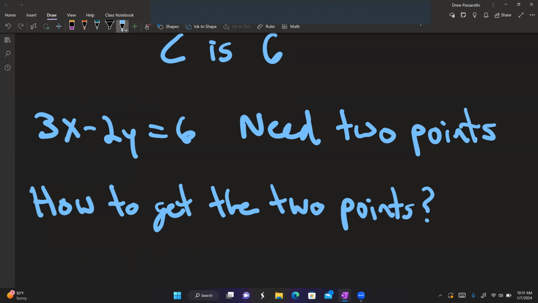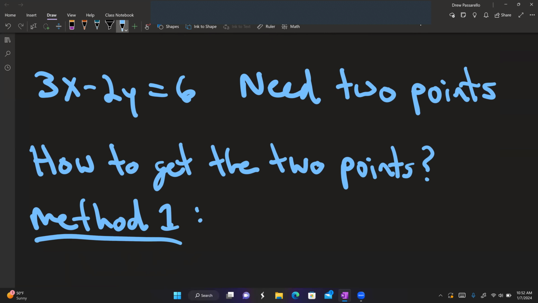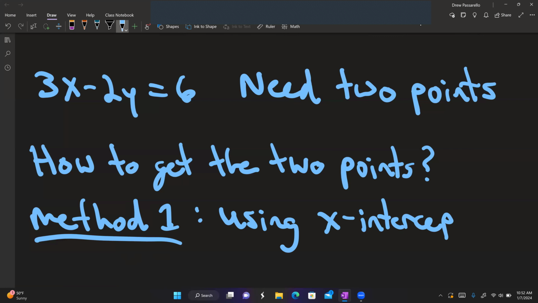All right, so what I recommend doing first, so this first method will work a lot of the time. So I would call it method 1. Method 1 is going to be using the x-intercept and y-intercept as the 2 points.